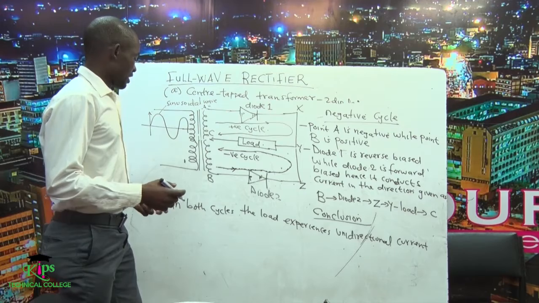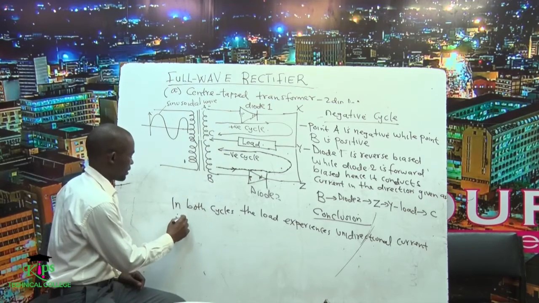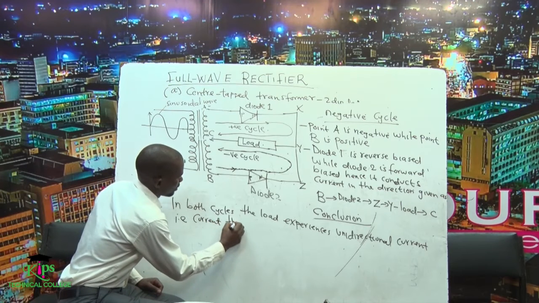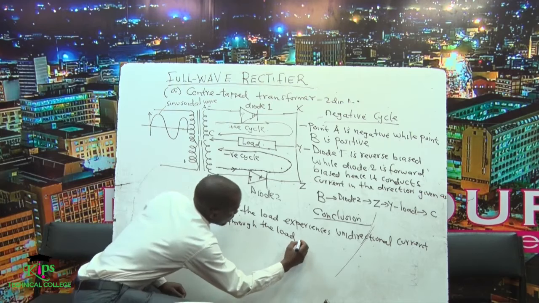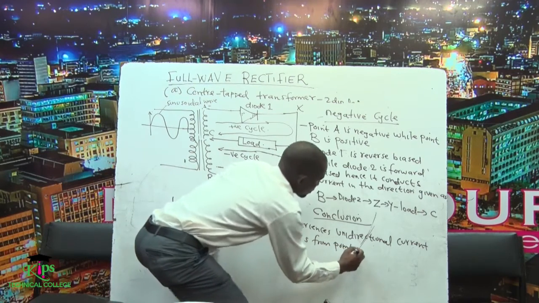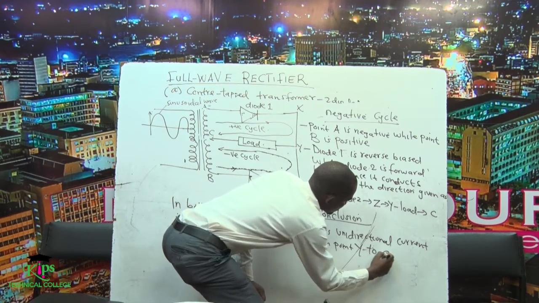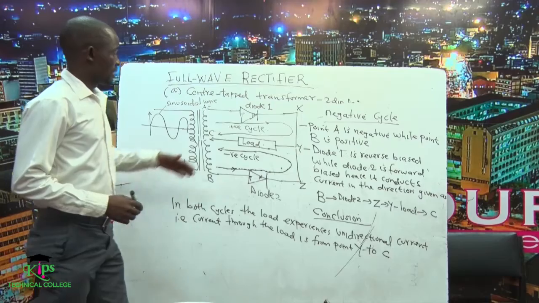So in both cycles, the load experiences unidirectional current, i.e., current through the load is from point Y to C in both cases. So that is the conclusion you can make about this circuit.